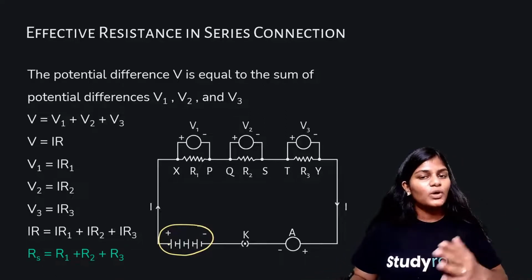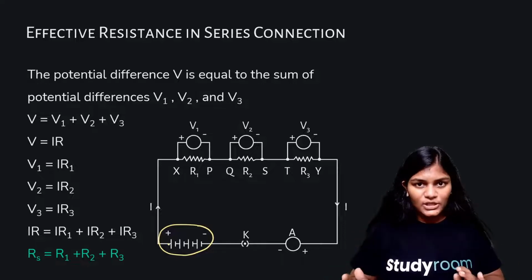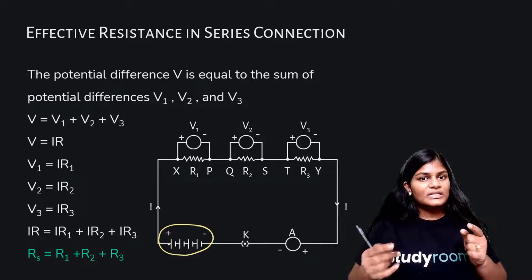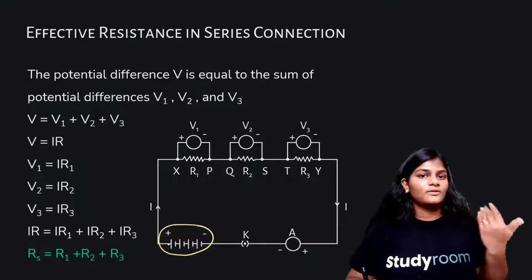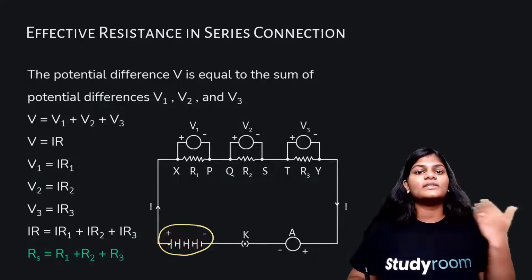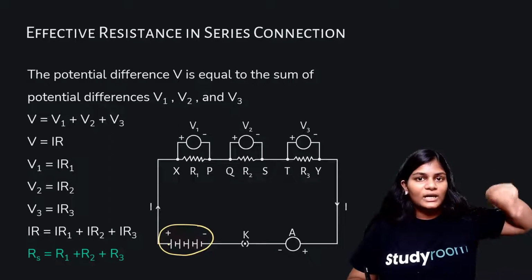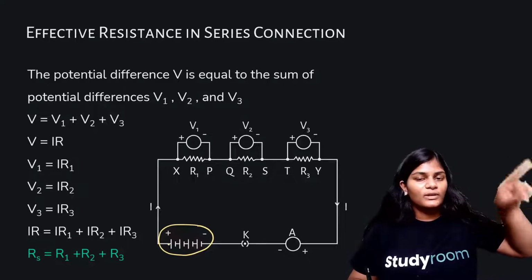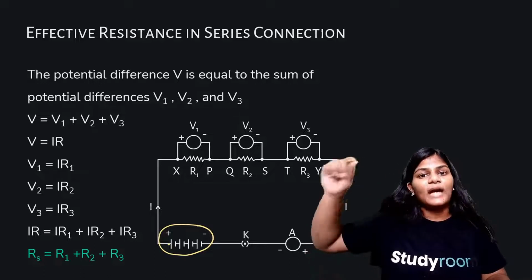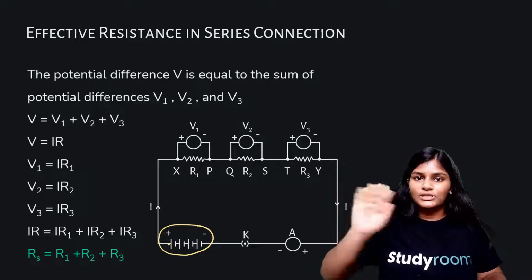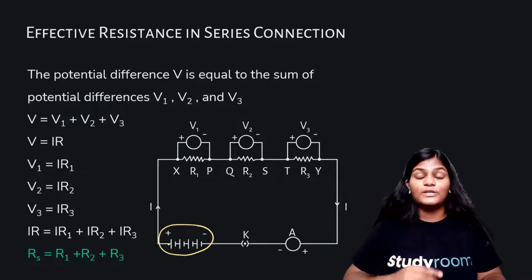We already know that the battery helps maintain a potential difference across the terminals, right? So because of that potential difference, what happens? The current flows, like charges flow, and thus the current flows. So a current, say I, is coming out of the battery. That same current I is flowing through each resistor. This also we have established.